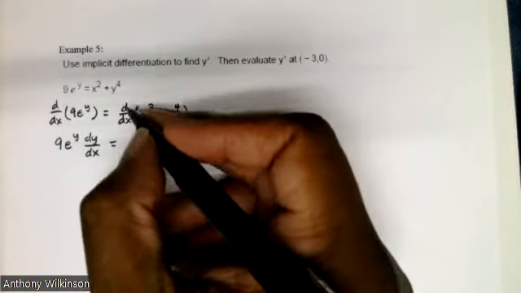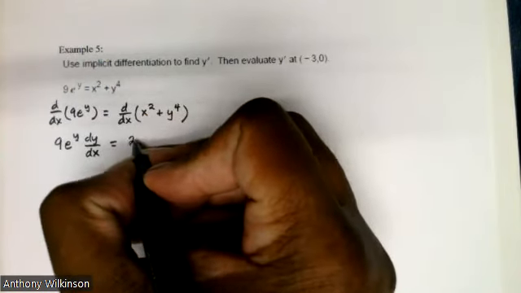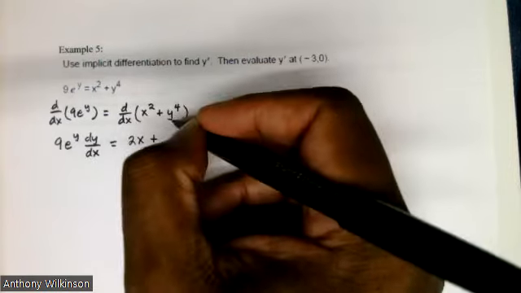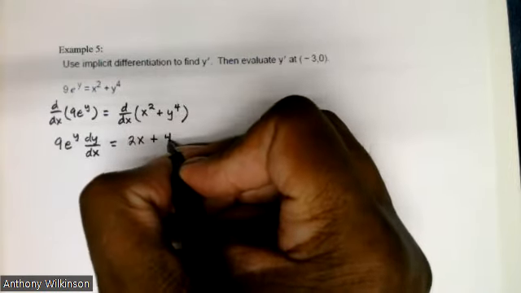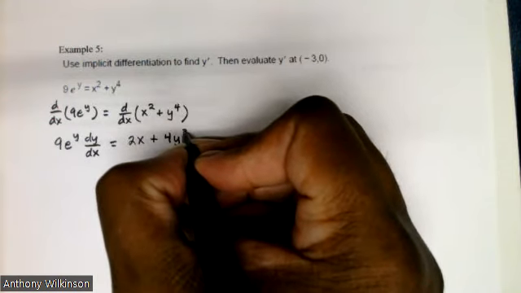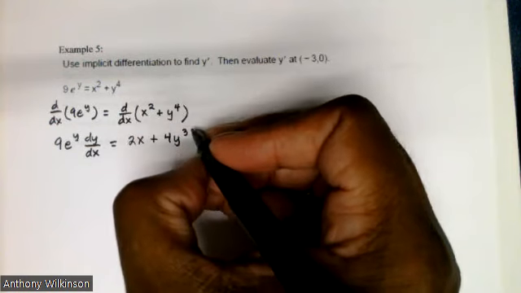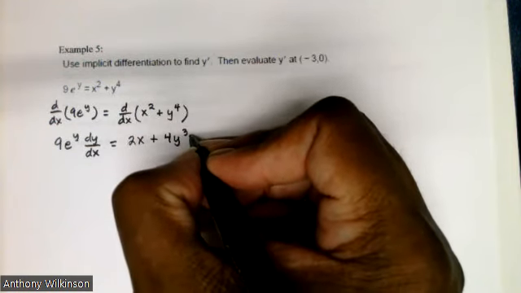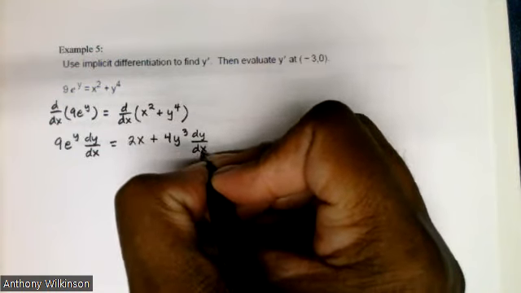That is equal to the derivative with respect to x of x squared, that's 2x, plus the derivative of y to the 4th with respect to x. That will be: bring down the 4, copy the y over to the 1 less power. But since I'm assuming that y is some differentiable function of x, I need to include dy dx.